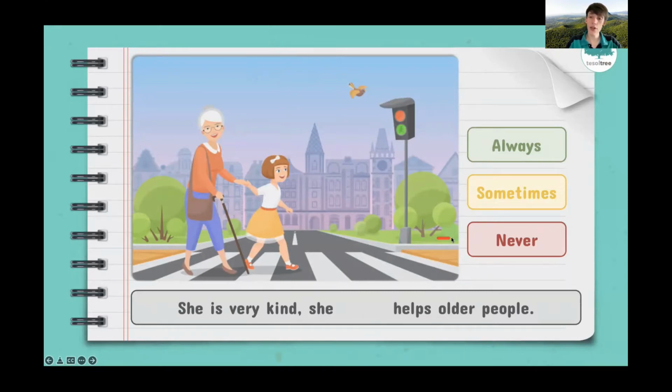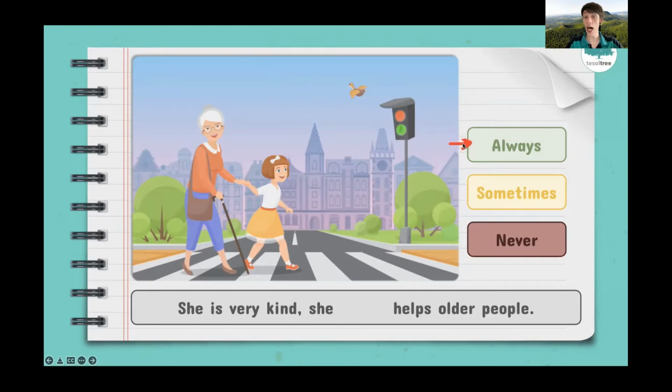Can we say never? She never helps other people. No, we can't say that because it's not kind at all. If you never help, that's not nice. But she is nice. She is kind. Can we say sometimes? Yes, we could. But which one is better, sometimes or always?